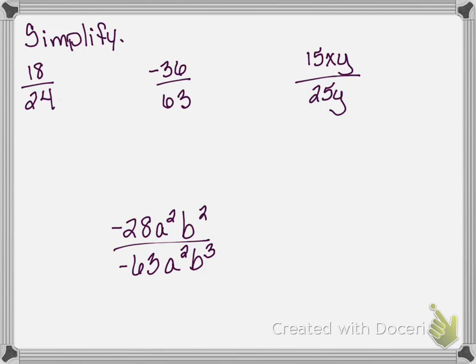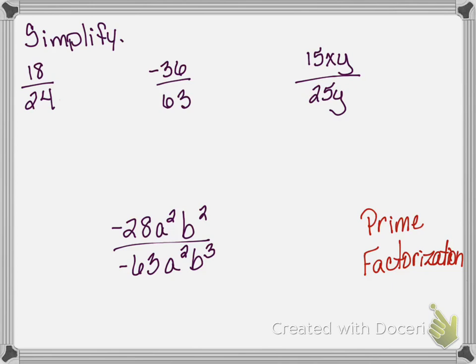Now, one of the things that's very good to do with rationals is to factor first. These are all monomials divided by monomials. And so I want us to review prime factorization. Now, if you look at our very first one, 18 divided by 24, that is a relatively simple fraction that we can simplify.